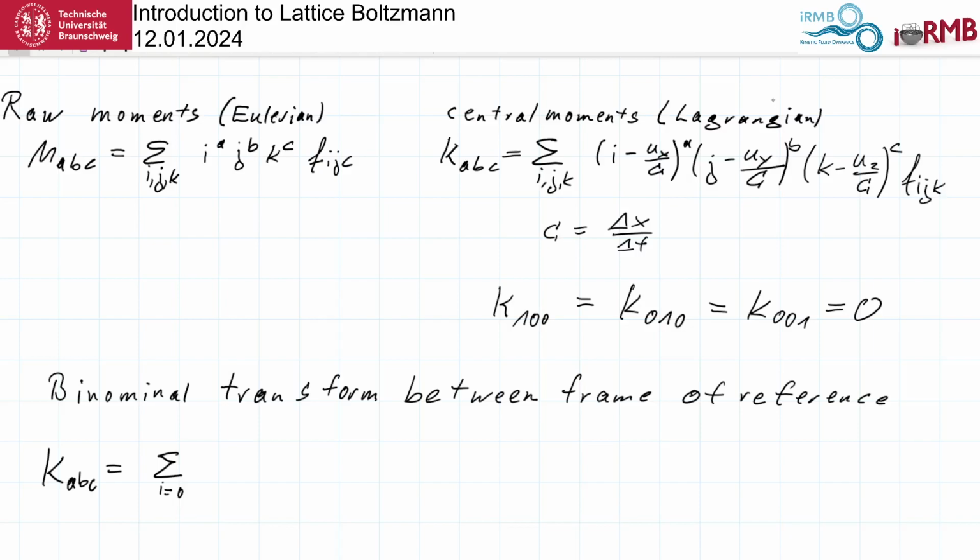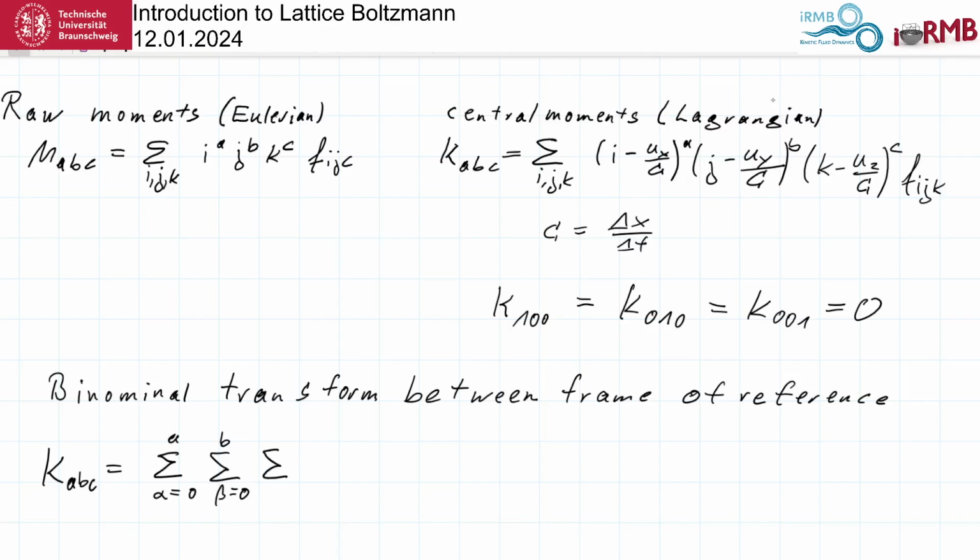Maybe I'm using different letters here. I'm using alpha equal to 0 till A, beta equal to 0 to B.